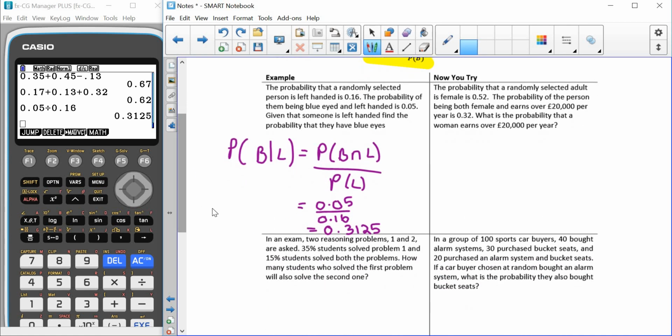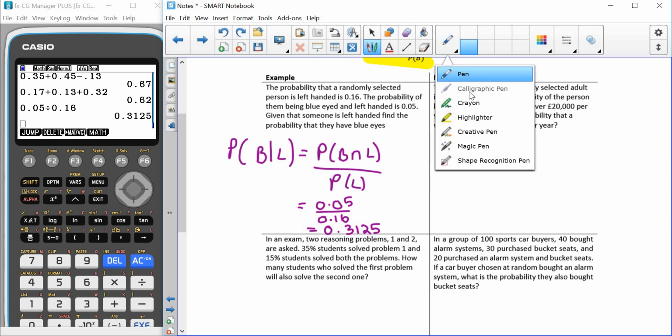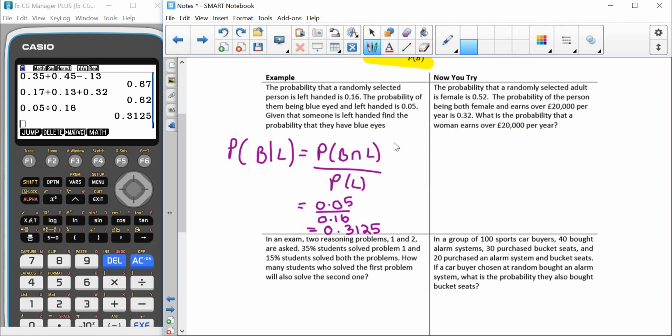The next now you try question is in an exam. 2 reasoning problems, 1 and 2, are asked. 35% of students solved problem 1 and 15% of pupils solved both the problems. How many students who solved the first problem also solved the second problem? So that means that we're looking at the probability that they solved 1 and 2 given that they solved problem 1.